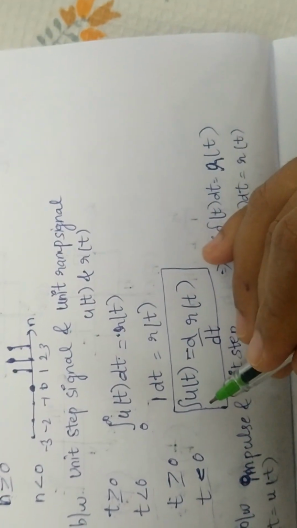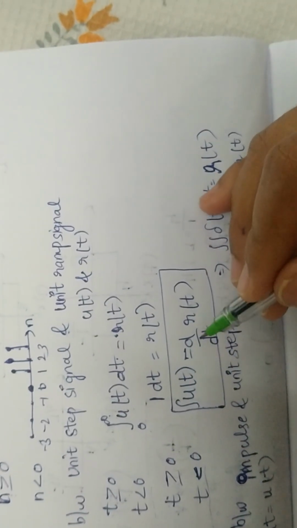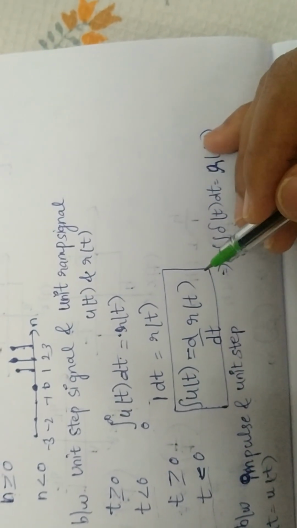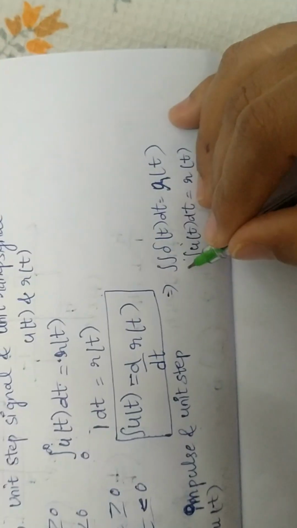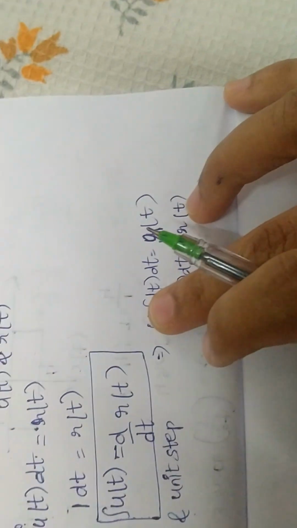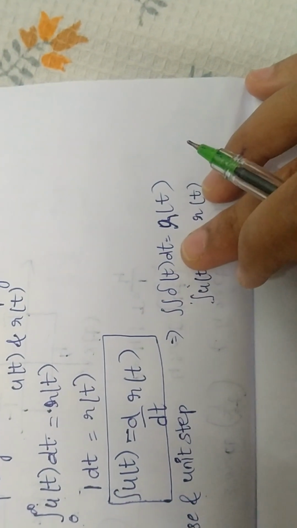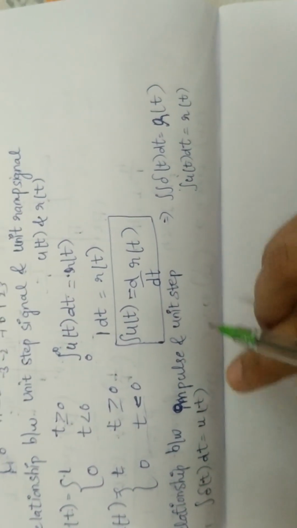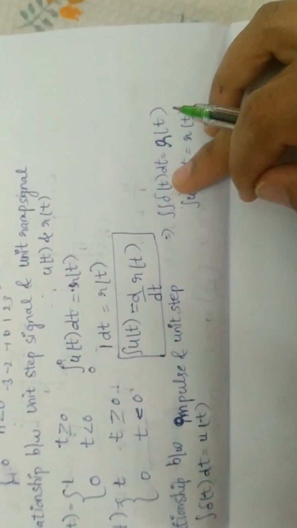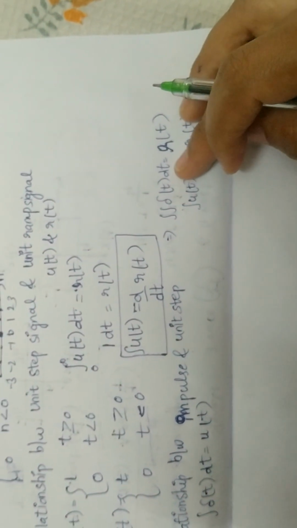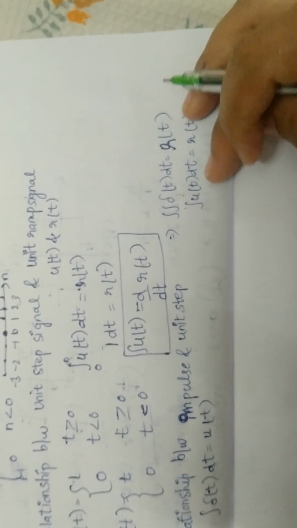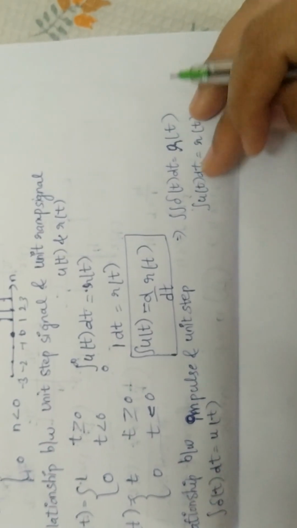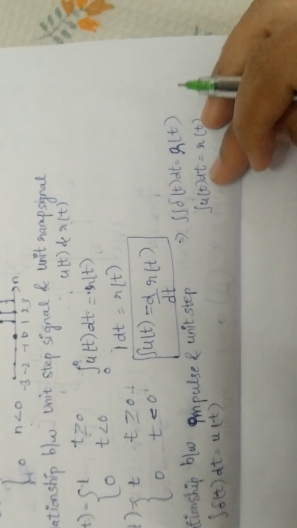The integral of u of t is d by dt of r of t, right? So the double integration of del of t into dt, because the integral of del of t is u of t, gives the integral of u of t into dt.